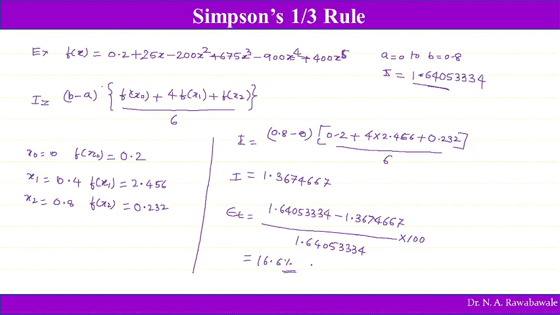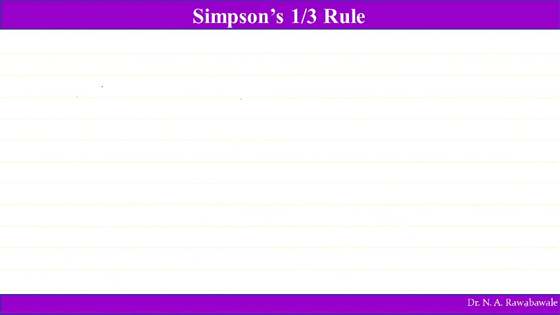So now, if we want to find the approximate error in case of Simpson's one-third rule, the approximate error is given by the formula: approximate error is minus (b minus a) to the power of 5, whole divided by 2880, times the fourth order derivative of f at zeta. So now we know b minus a and 2880; only the fourth order derivative of f at zeta we have to find out.